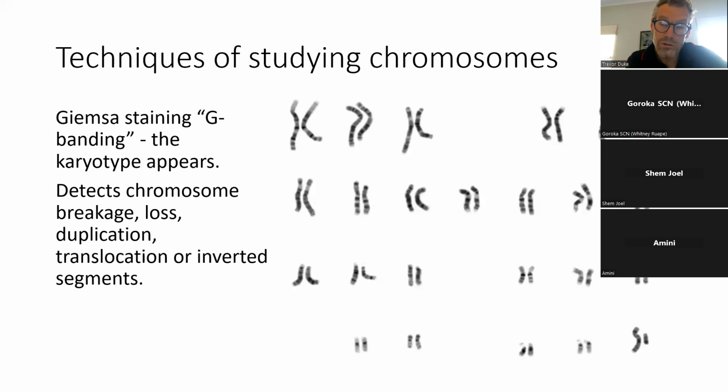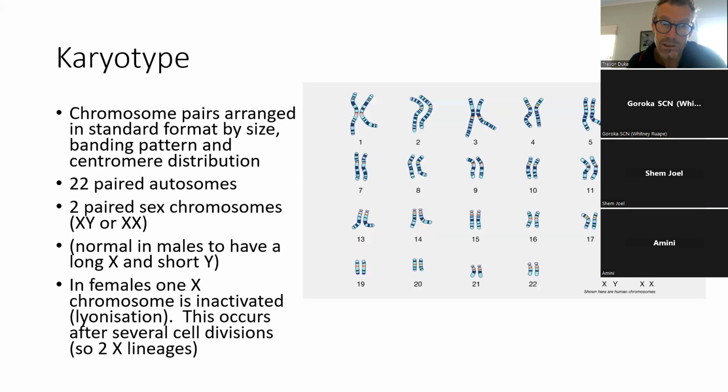Using this method it was possible to detect chromosomal breakage, if there was a break in the chromosome, chromosomal loss or duplication, or translocation, which I'll describe, where there's an additional chromosome segment translocated from one chromosome to another, or inverted segments of the chromosome. This was the earliest type of chromosomal analysis, using Giemsa staining, the G banding of chromosomes.